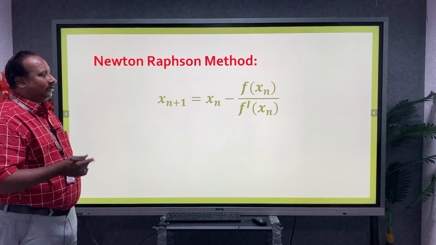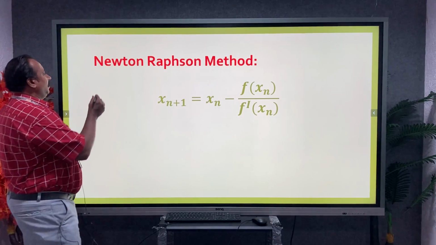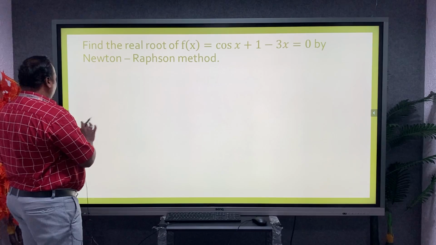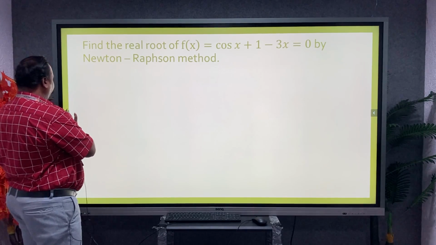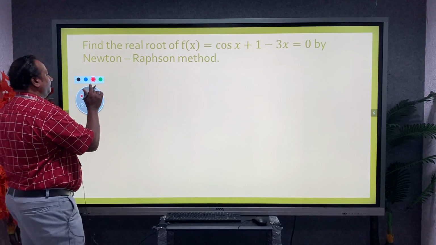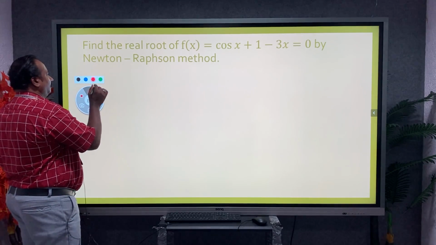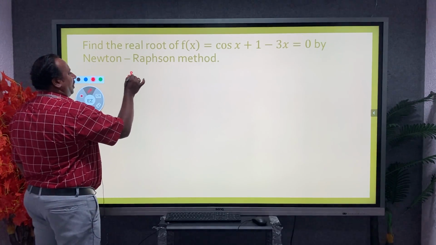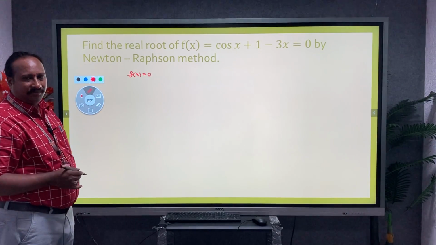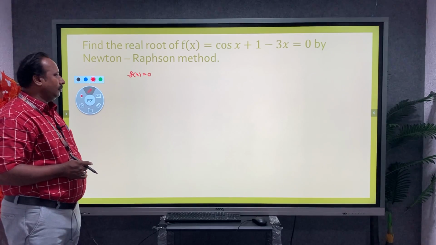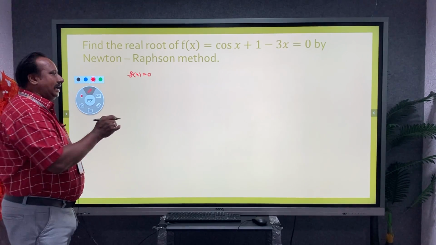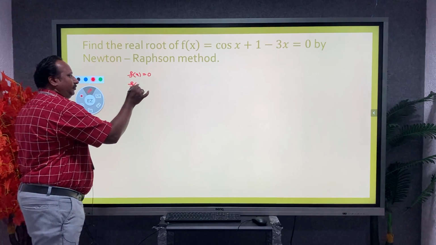First we have to consider the given equation, which is of the form f of x equal to 0. When we take f of x equal to 0, identify f of x.